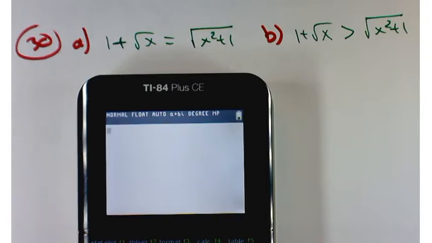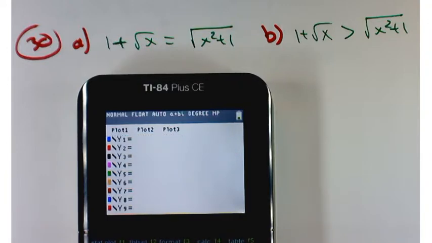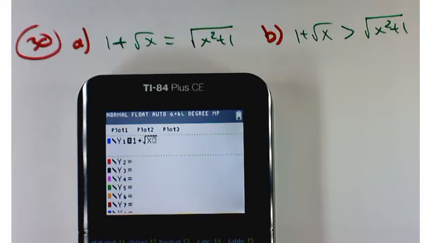So on the graphing calculator, let's first start by entering in the two equations. We'll start by pressing the y equals key and clearing out all the stuff that's there. You can use the up and down arrows to clear that out. The first equation is going to be 1 plus the square root of x.